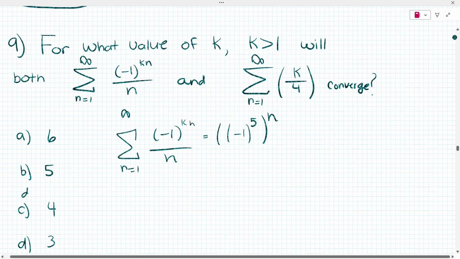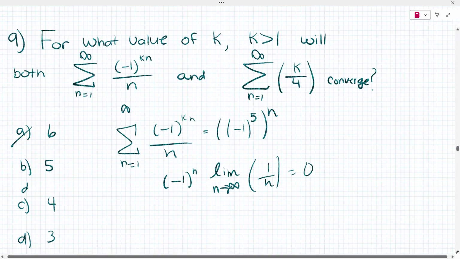You can take out that negative 1, so this would be negative 1 raised to the n. So yes, our k value has to be odd. We can eliminate E, and the even choices.